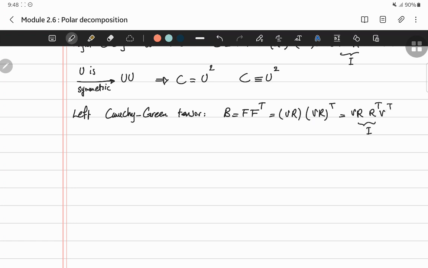Here R R transpose becomes I. So we have V V transpose. V is symmetric. So we have V, therefore B is equal to V squared. Or the book also said B is equivalent to V squared.